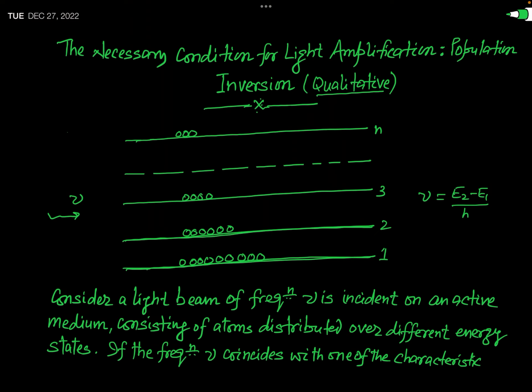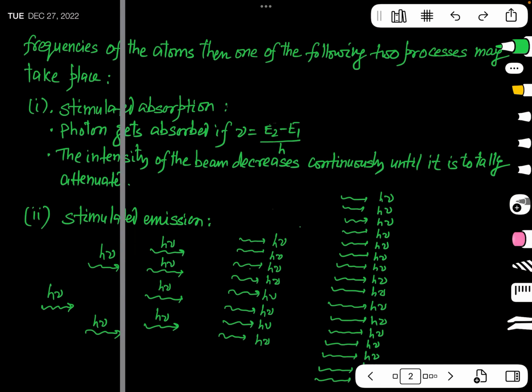When this matching condition is satisfied, there may be two processes: this photon, called a stimulating photon, can interact with the atomic system in two ways, which you have already learned in the previous lecture.